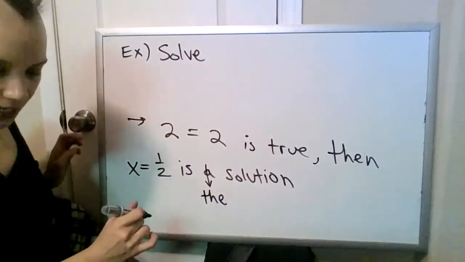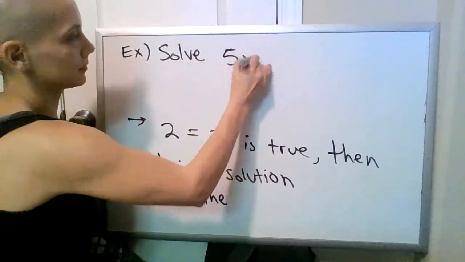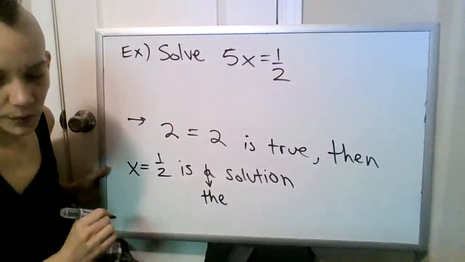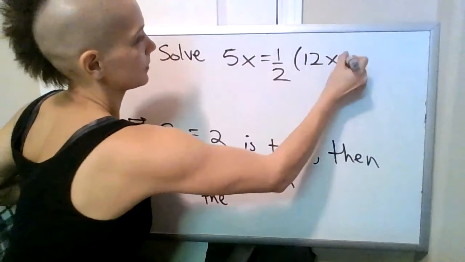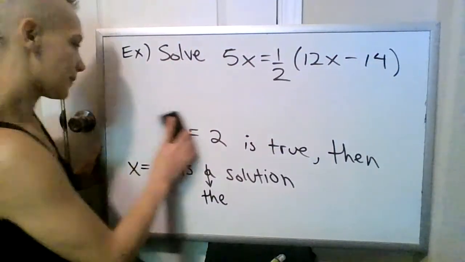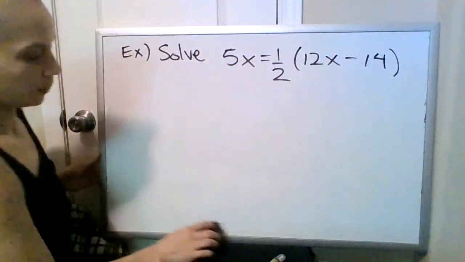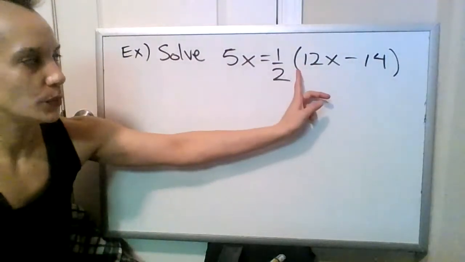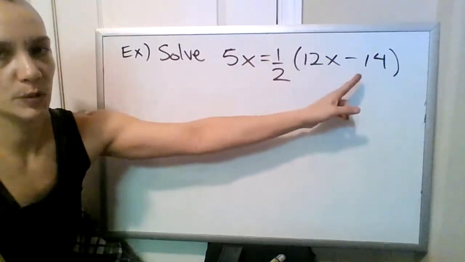We have 5x equal to 1/2 times 12x minus 14. All right, so if you see parentheses, you will use that first step of distributing, and we're going to distribute 1/2 to both terms.